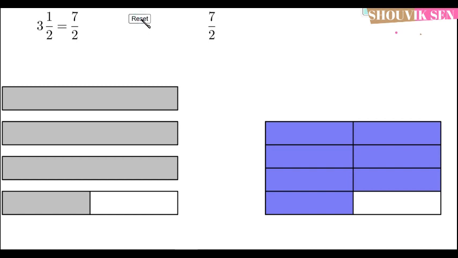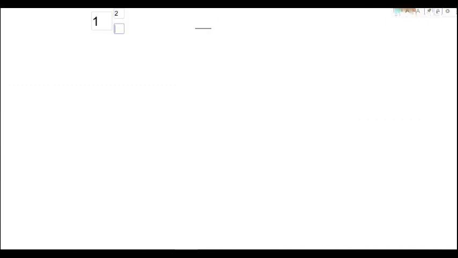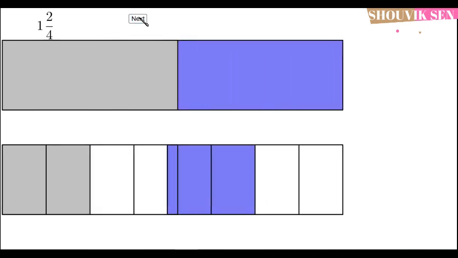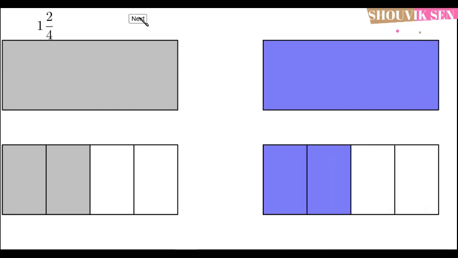All right. And let us now take 1 2/4, the mixed fraction. That means the denominator here is 4 and the numerator here is 2. 1 is the quotient. So there is some number in the numerator which, when divided by 4, gives us 1 as a quotient, 2 as a remainder. All right. So as you see here, we have 1 gray full block, the quotient, and 2 blocks out of 4.